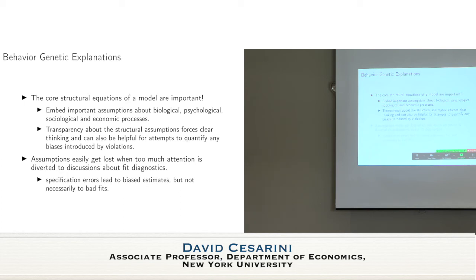Being just transparent about what these assumptions are, I think, can be useful for forcing clear thinking, but also for thinking about possible biases and worrying about how to detect them and what data we could maybe incorporate to address them.